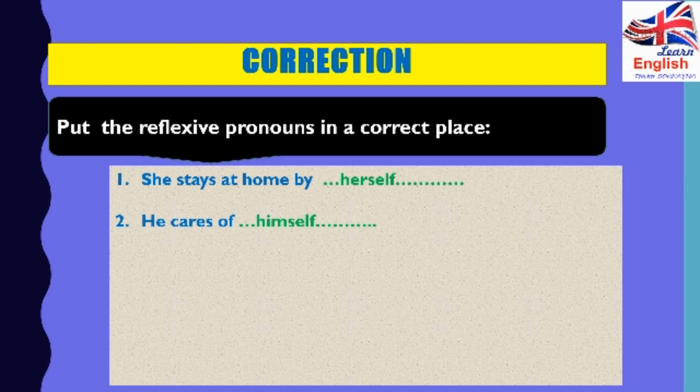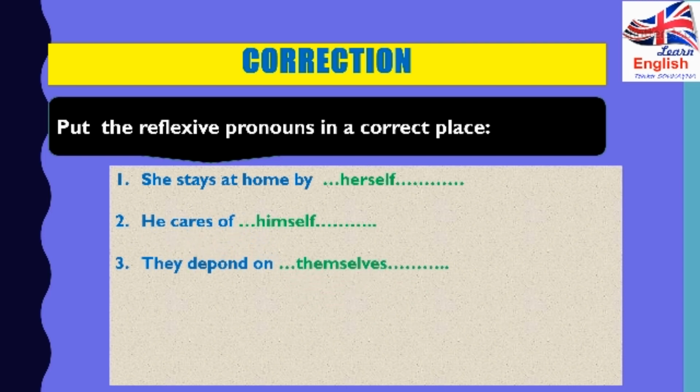He cares of them, okay, but we cannot say he cares of themselves. No, it is not correct at all. We have to say he cares of himself. So for that reason we say that the reflexive pronoun refers to the subject. It has a relationship between him and the subject. Himself, he. Herself, she.